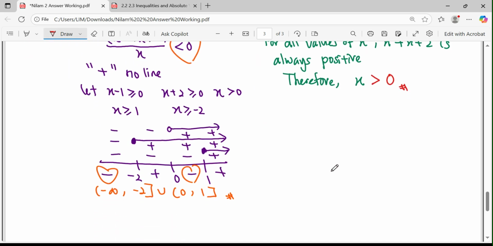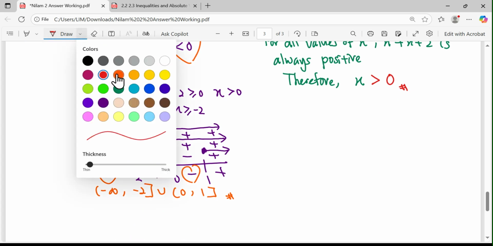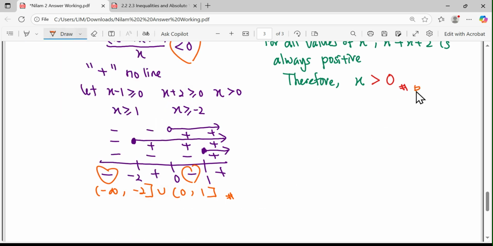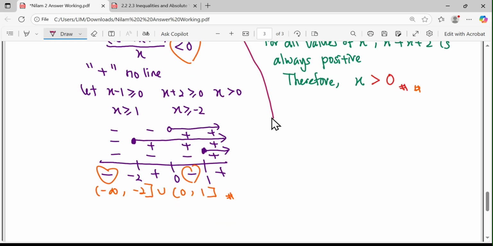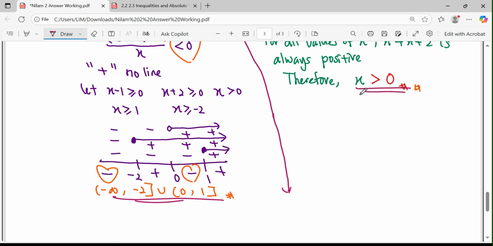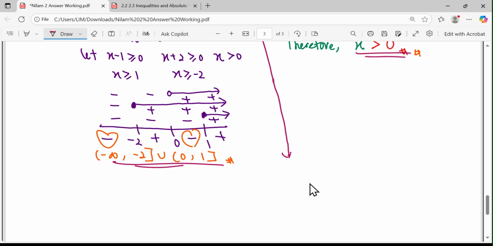So I have two answers here. One is this, another is this. Therefore, to combine them, the number line here will intersect with this number line. The numbers that I have here are -2, 0, and 1.